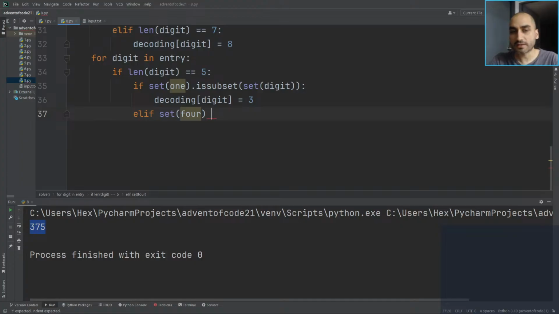How do you intersect sets? It's that, right? I've got to look this up. You can just do dot intersect as well, but what's the quick method? Yeah, it's the ampersand.